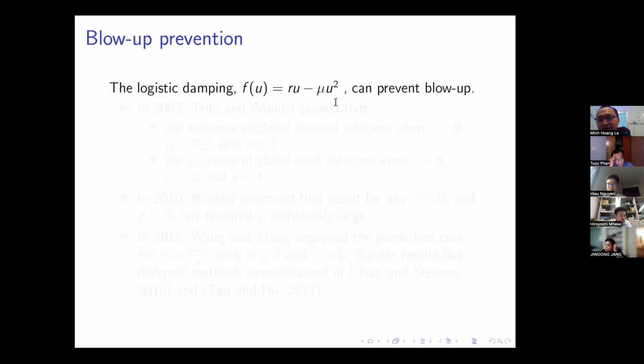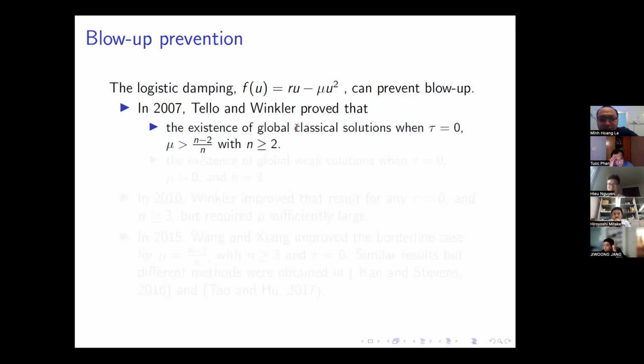Then we have some nice property because of the minus mu u squared here. It may prevent blow-up, and that intuition is true. For example, the paper in 2007 introduced this logistic damping by Tello and Winkler. They proved that the solution exists globally in the elliptic case for any mu bigger than a certain number when n is bigger or equal to 2.